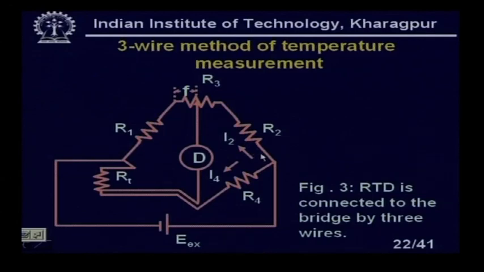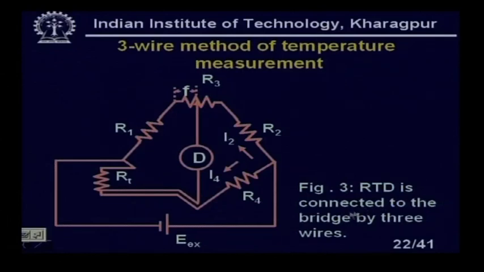I2 is the current through the resistance R2, I4 is the current through R4, and at balance I4 also flows through RT. Since no current flows through the detector at balance, I2 flows through R3 as well as R1 back to the battery.